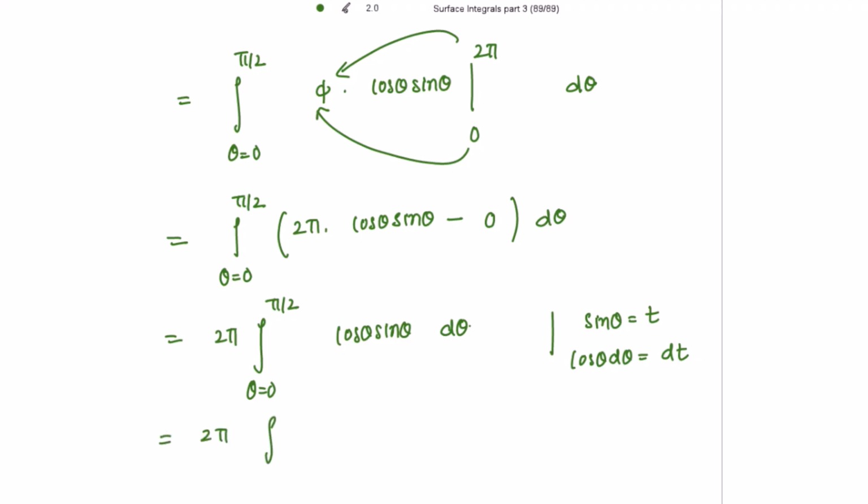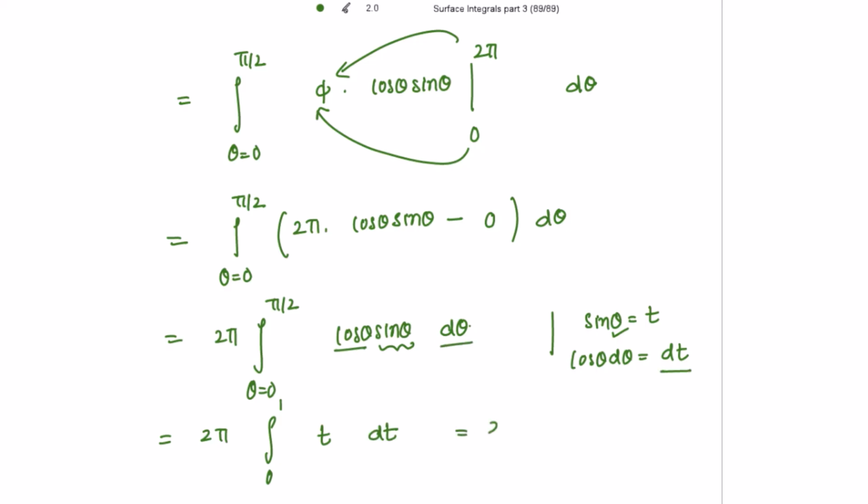Okay. Writing the limits for t. When theta is 0, then sine of 0 is 0. So the limit of t is 0. When theta is pi by 2, sine of pi by 2 is 1. So the limit for t becomes 1, the upper limit. And writing sine theta to be t, and cos theta d theta becomes dt.